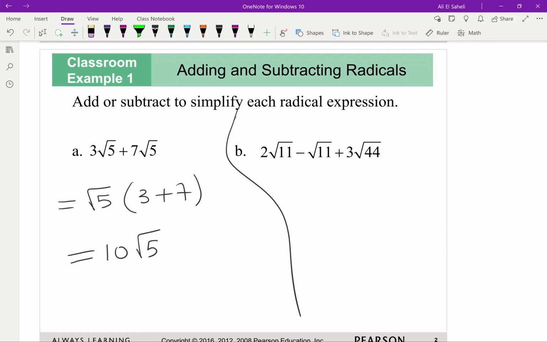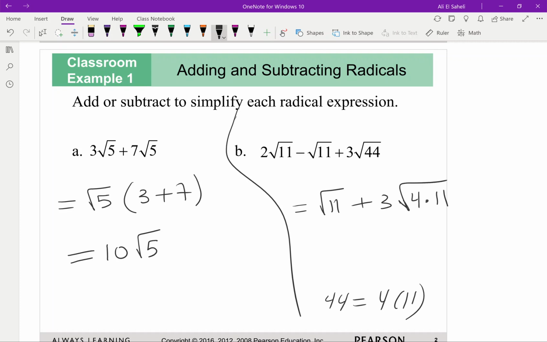Here, the same thing. We want this to have the same radical 11, all right? Now, 44 equals 4 times 11. So what we have here is 2 radical 11 minus 1 radical 11 is 1 radical 11 plus 3 radical 44. 44 is 4 times 11.